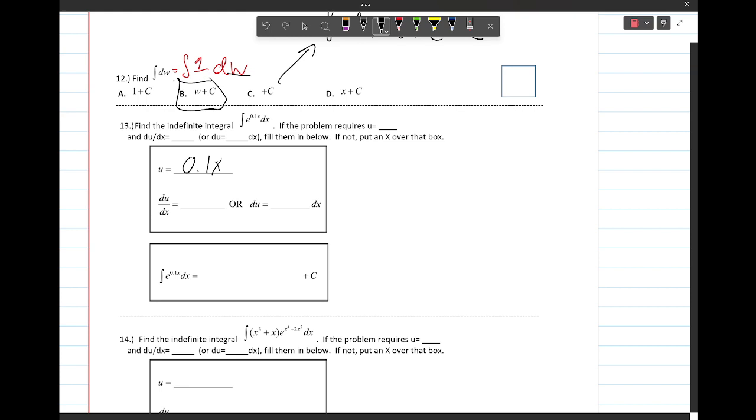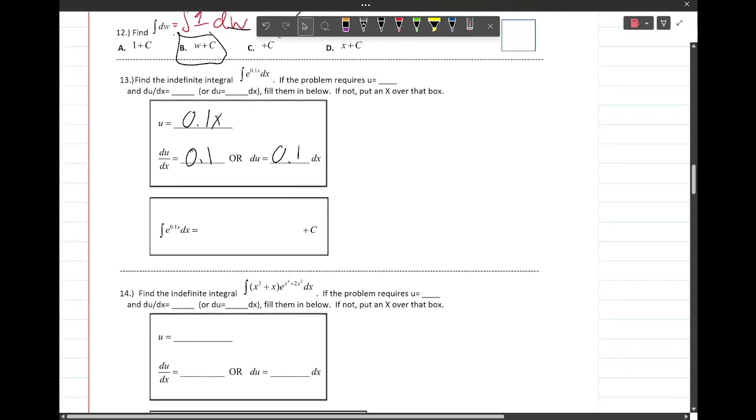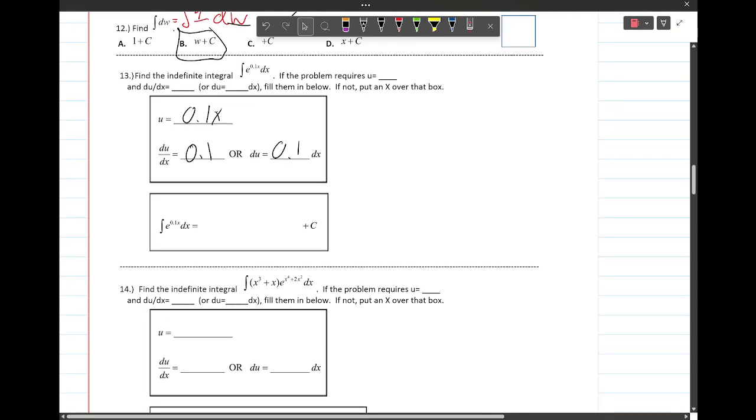So this is the procedure for u when we are integrating with e. The derivative of u with respect to x is 0.1, so du is equal to 0.1 dx. Okay, so we only have a dx, we don't have a free 0.1.